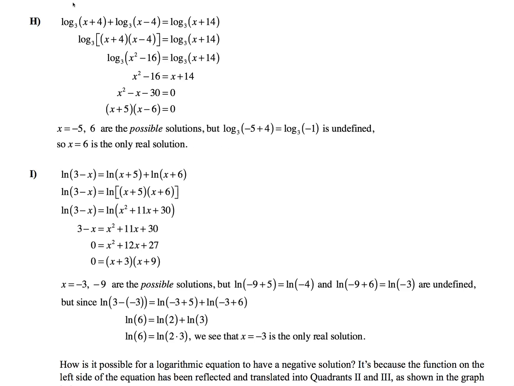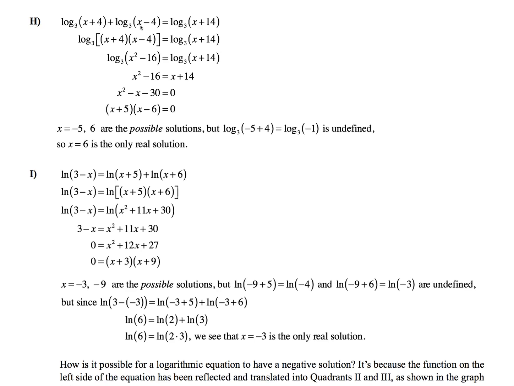But when you substitute the negative 5 into either of these two logarithms on the left, negative 5 plus 4 is equal to negative 1, and a logarithm with any base of negative 1 is undefined. So 6 is the only real solution. If you put 6 here, you get 10. If you put 6 here, you get 2.